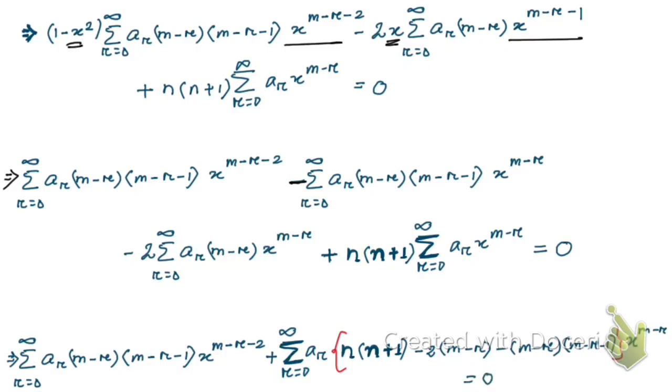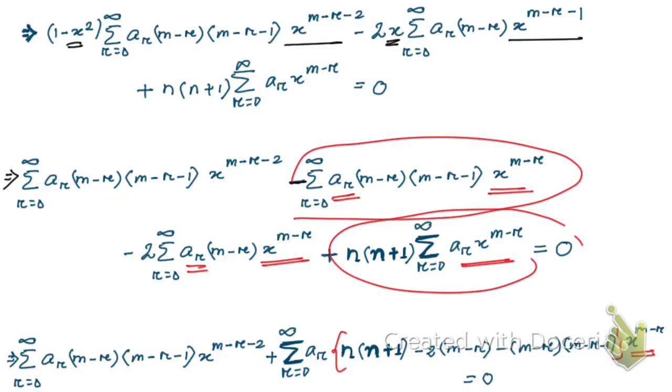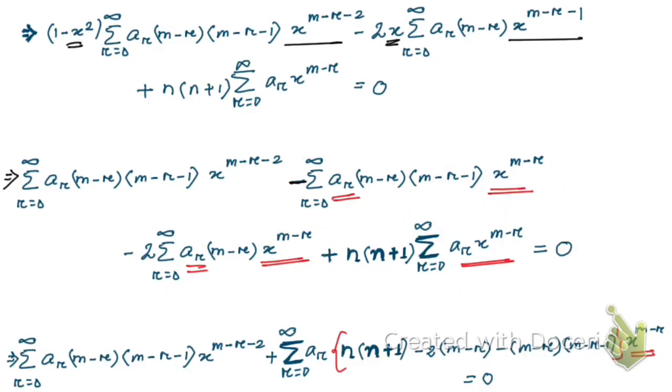So now here you see, here we have ar into x to the power m minus r, and here also we have ar and x to the power m minus r, and in this term also we have ar x to the power m minus r, and here we have taken this x to the power m minus r common. This term is taken common from these three terms. We have taken this ar common, and actually I have taken this part common.